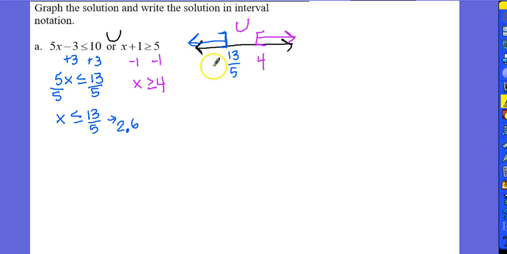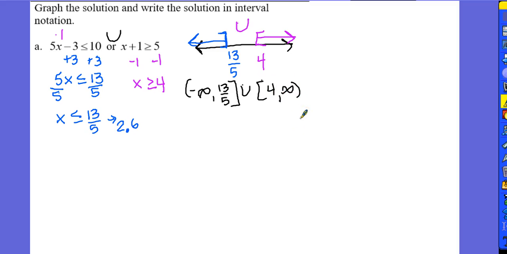Because all of the answers in blue are the answers to A, and all of the answers in purple are the answers to B, and it only has to be true for one or the other. So our interval notation is negative infinity to 13/5, bracket, union, 4 to infinity.